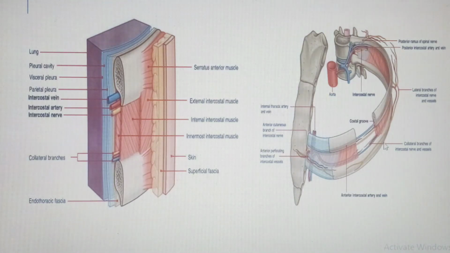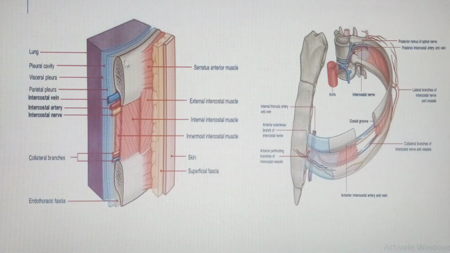The remaining inferior 9 will come directly from the descending thoracic aorta, direct branches. So that's what I want you to know.